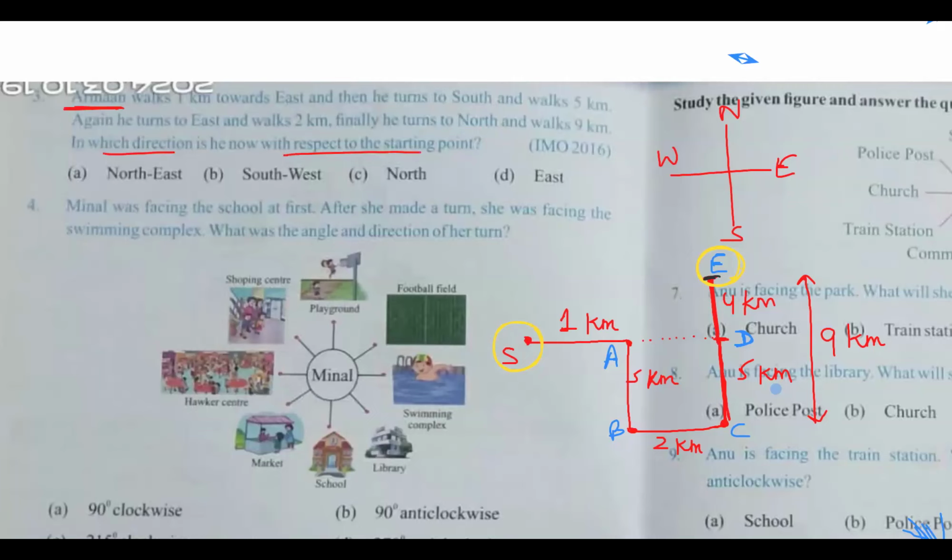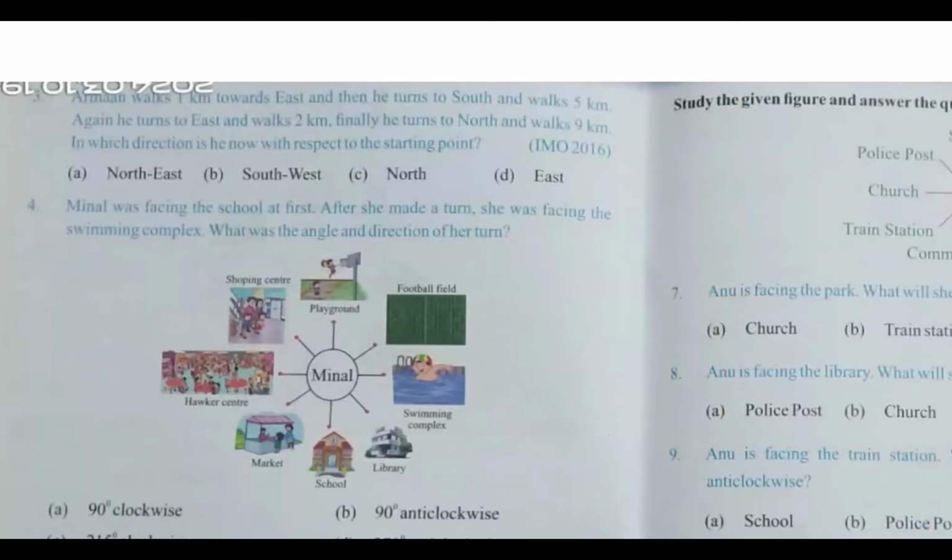Okay, I'll draw it again. Question was that Arman walks 1 kilometer towards east and then he turns to south and walks for 5 kilometers and then followed by some more turns. So from the first point, we'll start drawing the arrangement.